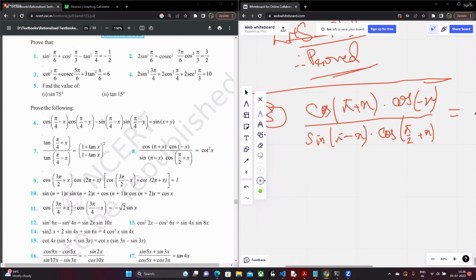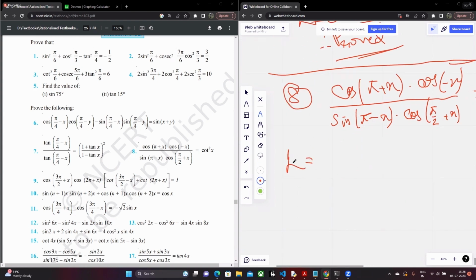Therefore, cos of minus x is going to be cos x. Sin of pi minus x, on the other hand, is going to be in the second quadrant, and in the second quadrant sin is positive. So this is just going to be sin x. While this, on the other hand, is cos of pi by 2 plus x. Since cos is negative in the second quadrant, this will be minus sin x, right?